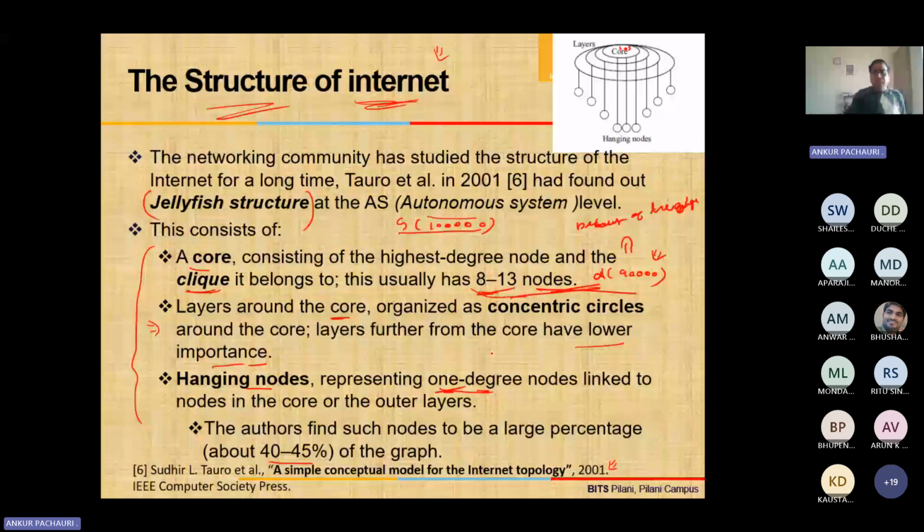Even in this, suppose there were around 1,000 nodes having degree 90,000. Then 80,000. All the nodes having degree 80,000 were put in one set. Then there were a few having degree, suppose, 75,000.